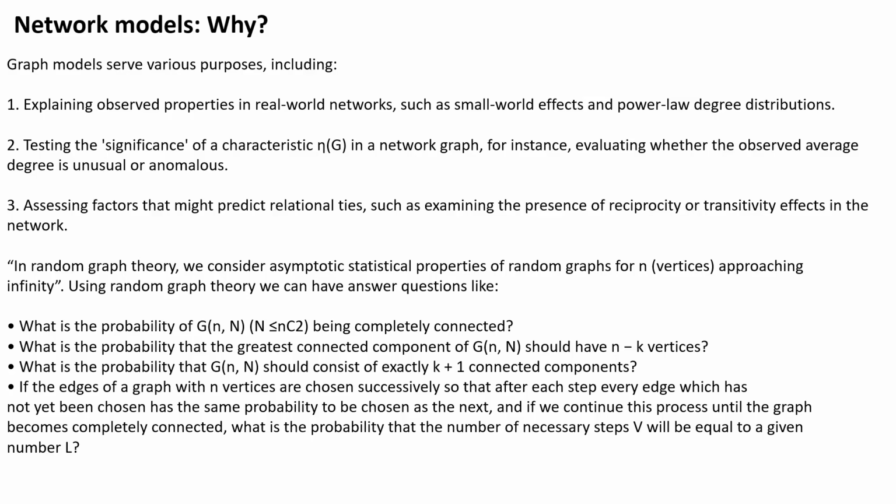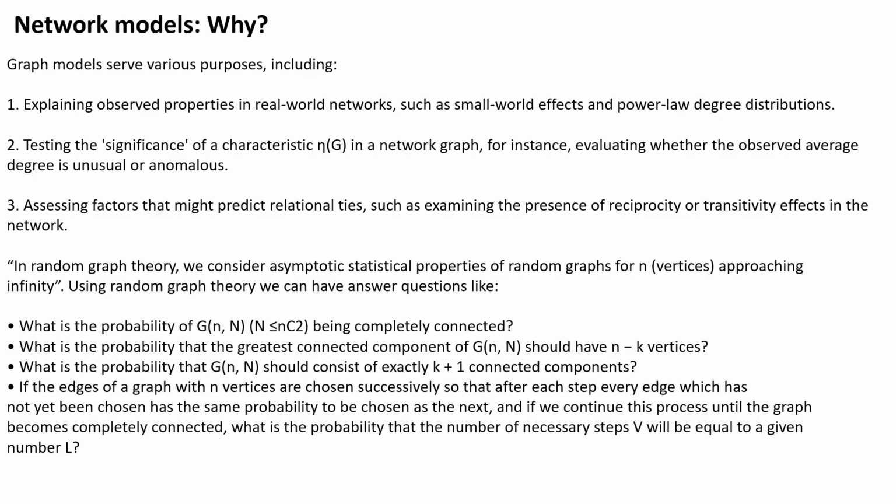So things like this can be evaluated using network models, and also assessing factors that might predict relational ties, such as examining the presence of reciprocity or transitivity effects in the network. So basically, whether the network shows these properties or not can also be understood by network models.